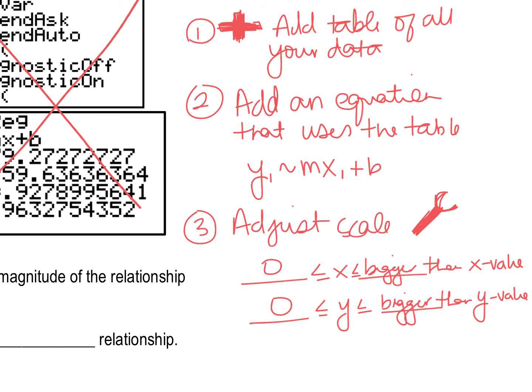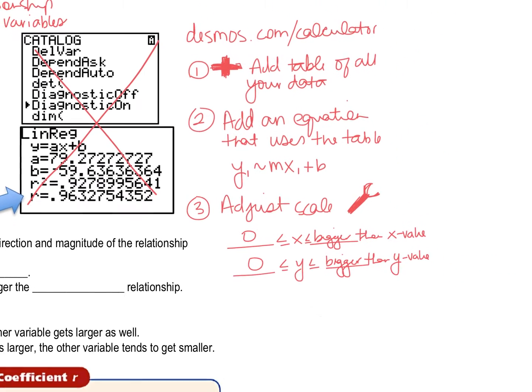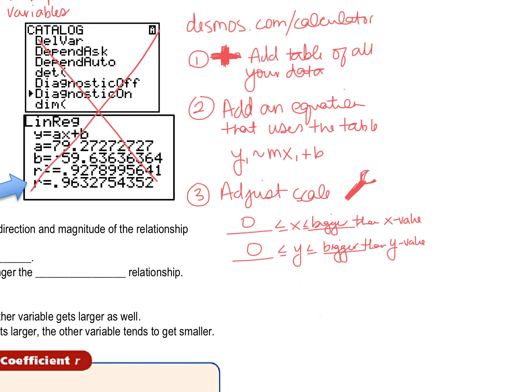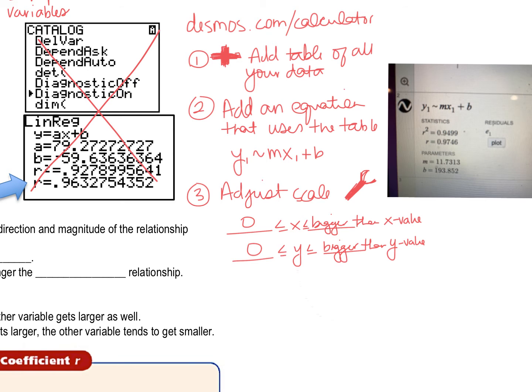What you'll notice when you do this process is they'll give you a lot of information. Not only does it give you m, the slope, and b, the y-intercept, but it gives you something called r. For now, ignore r squared and e.